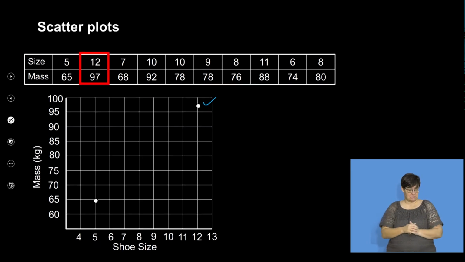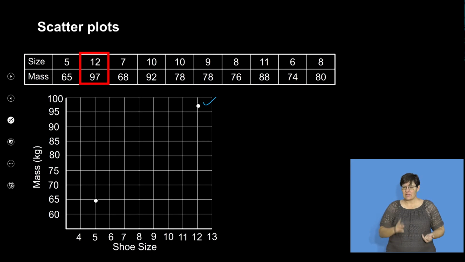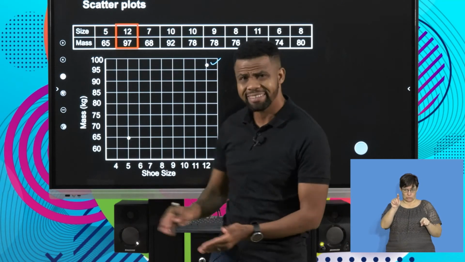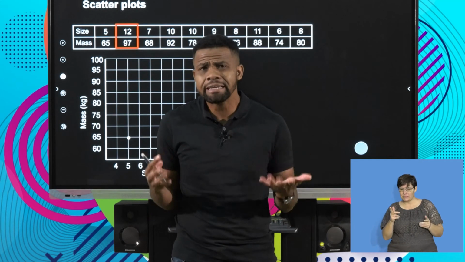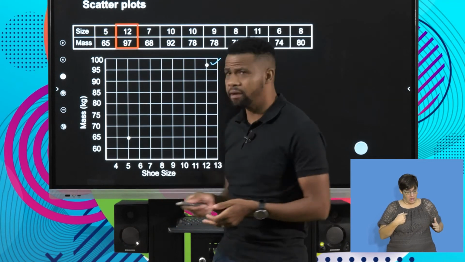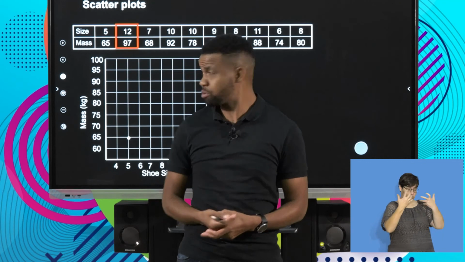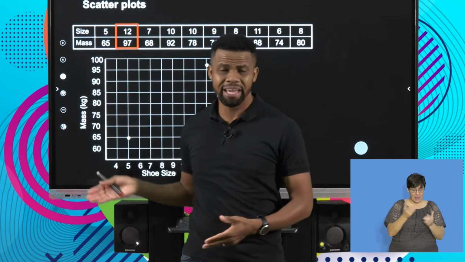Based on this, can I say there is a correlation? Can you see, with 2 points, I cannot really make a conclusion, because I can draw a straight line passing through those 2 points. But can I conclude that there is a correlation between size and mass?